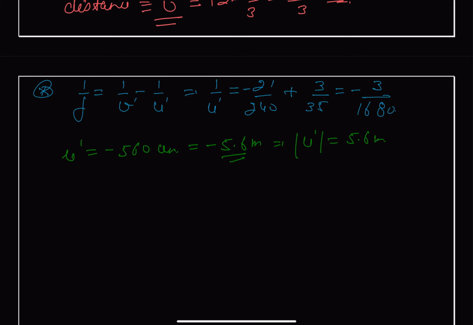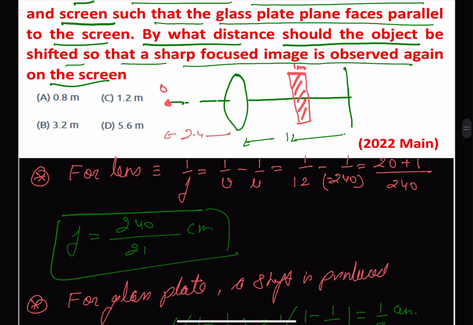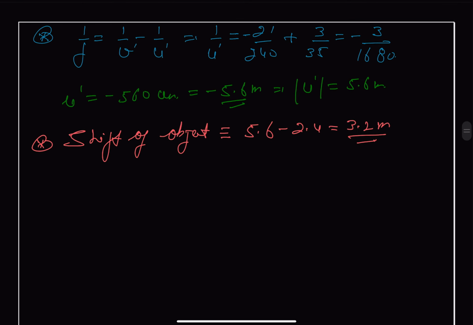So therefore the shift of the object will be equal to the new position, and the original position was about 2.4, so this comes as 3.2 meters. So this is the shift of the object, that is 3.2 meters. So option number B is the correct one. Option B is correct.